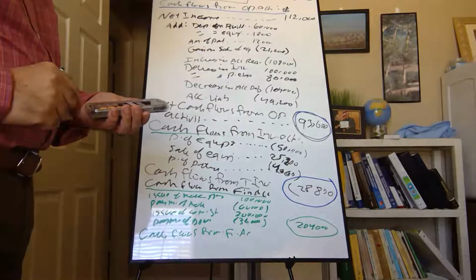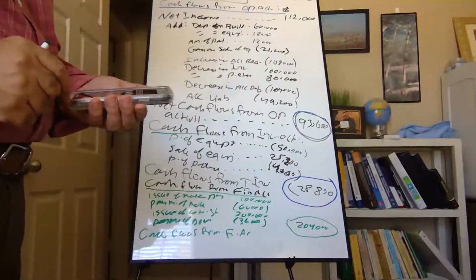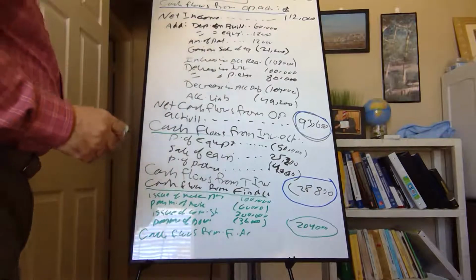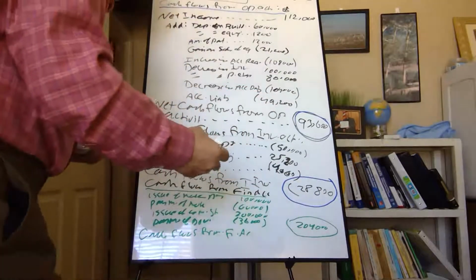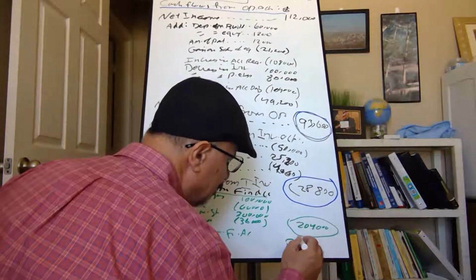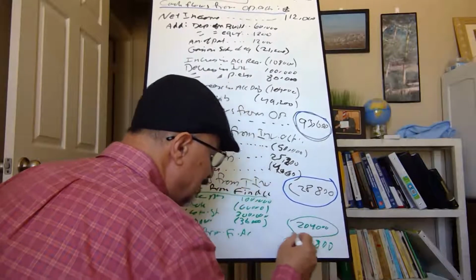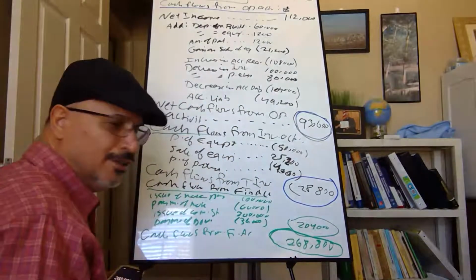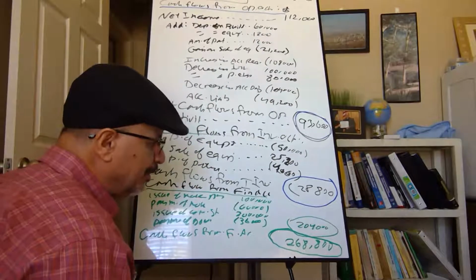And that gives us 268,800. The three of these subcomponents give 268,800. That is the overall result of the statement of cash flows.